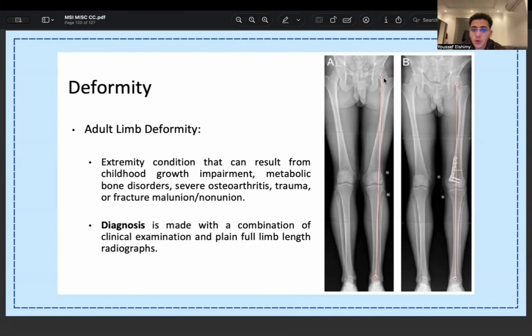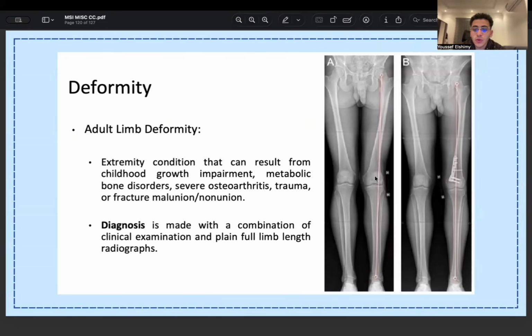Okay, so when drawing a line from the middle of the femoral head till the middle of the ankle, normally the line should pass through the midline of the knee joint.